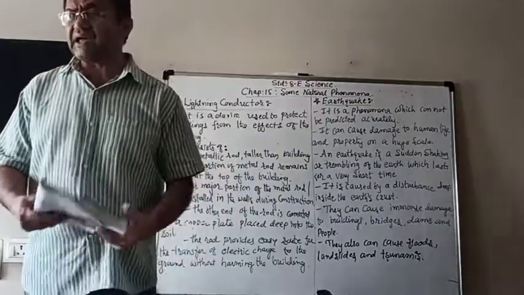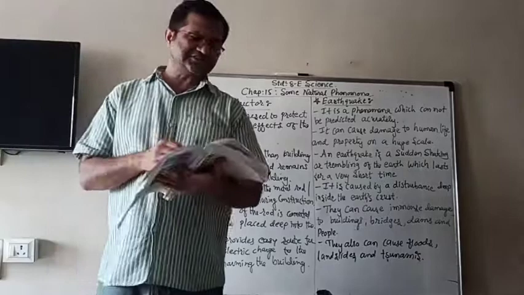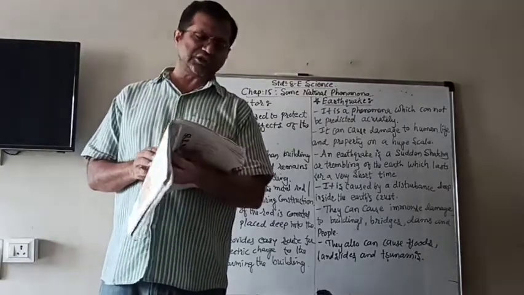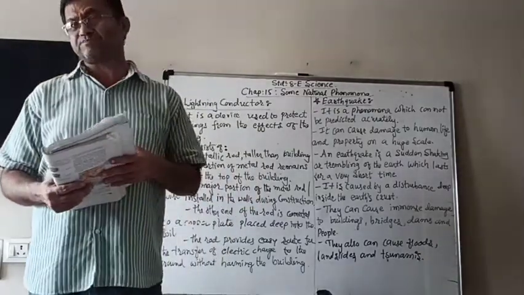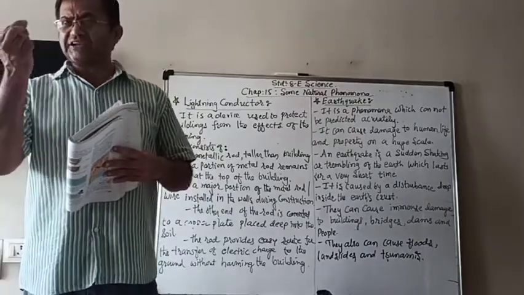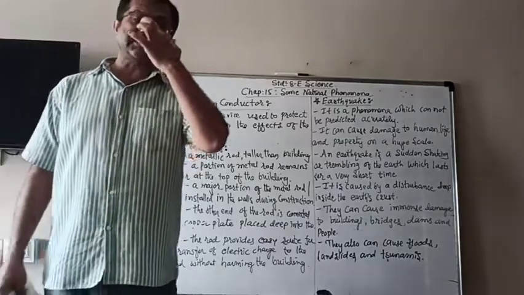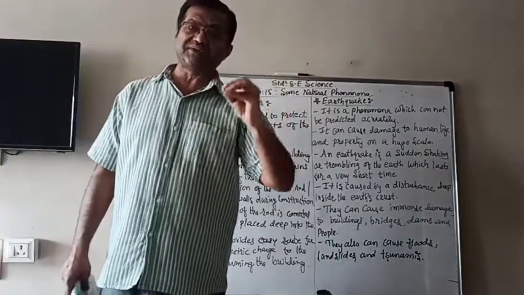Generally, all the time, somewhere in the world, very small earthquakes are occurring. Maybe now also. But those earthquakes are very minor, so we cannot even notice the shaking of the earth.